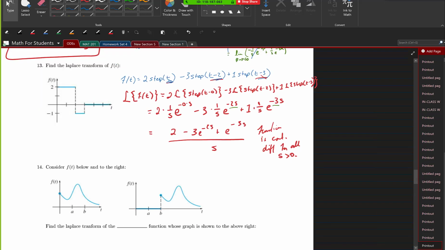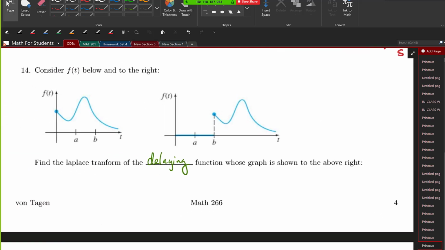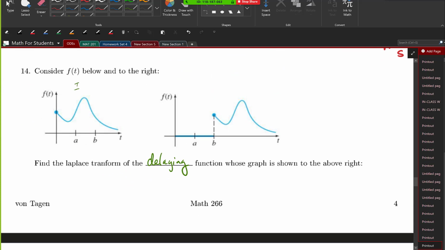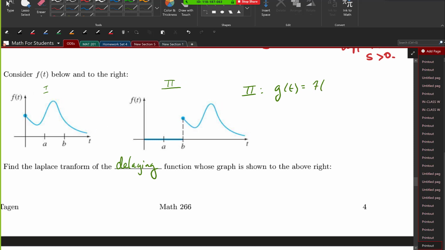Okay. So this function I called the delaying function. Do we see why we call this the delaying function? So this is the function originally, and here it is after the delaying operation. And just to reiterate, how did we represent this? This second function here, let's call it g of t, and g of t is f of t minus b times the step function of t minus b.